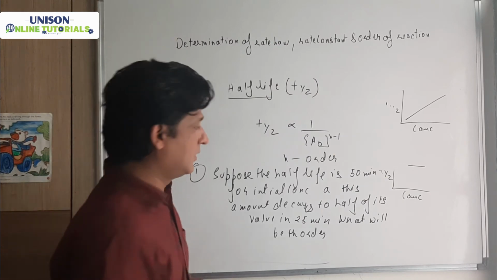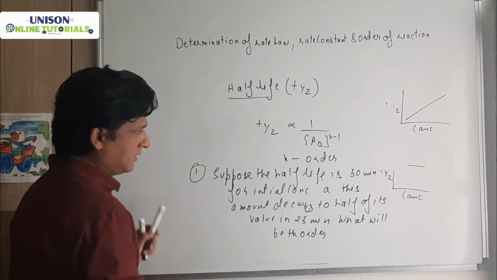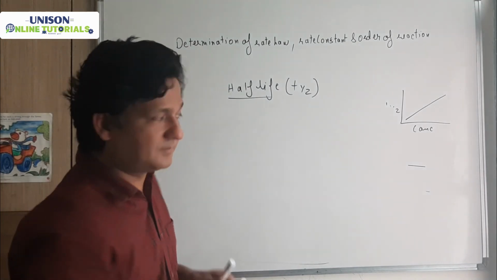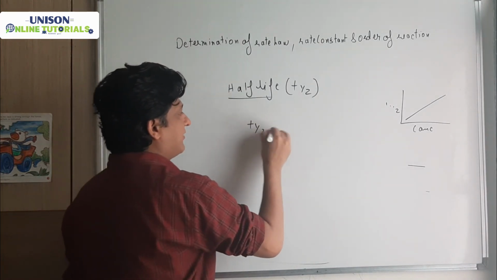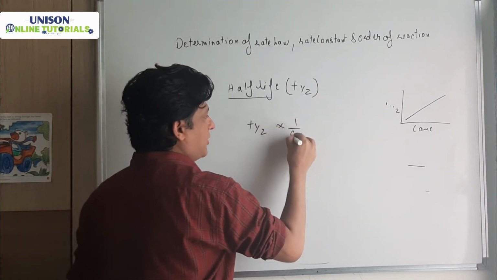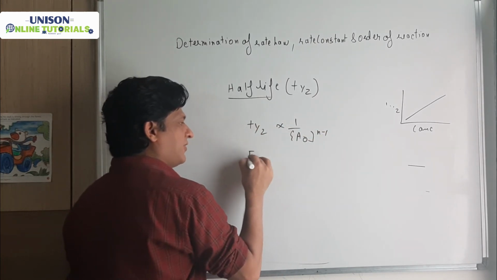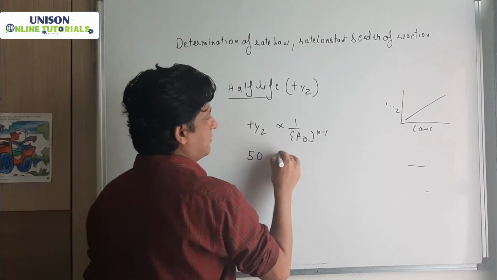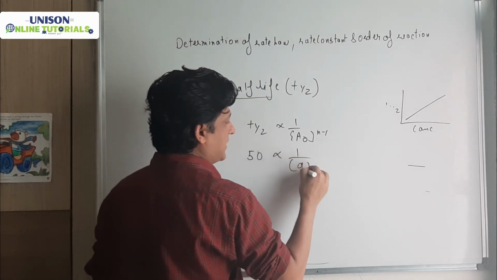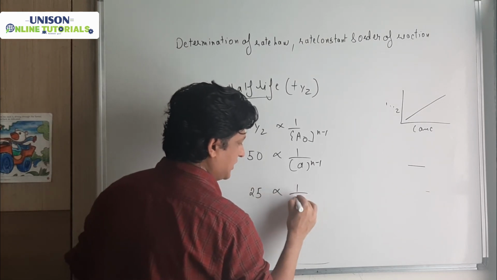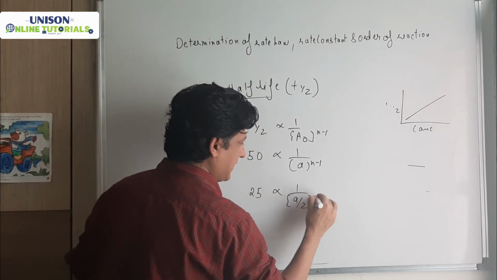Clear? So two half-lives are given. Look over here. Now we'll use t half proportional to 1 upon a naught raised to the power n minus 1. The first t half, 50, was for concentration a, proportional to a raised to the power n minus 1. The second, 25, was proportional to (a by 2) raised to the power n minus 1.